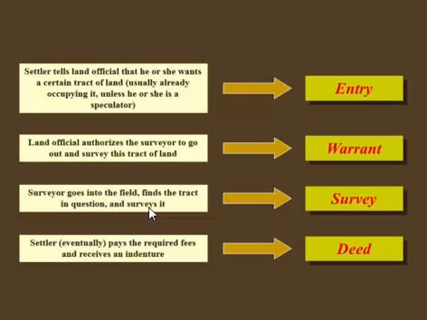The second one is there's a warrant. The land office authorizes a surveyor to go out and survey the land that the person has requested. The surveyor goes into the field, and that produces the third document, which is the survey. And eventually, the settler will probably get the deed, and that would be the fourth document.